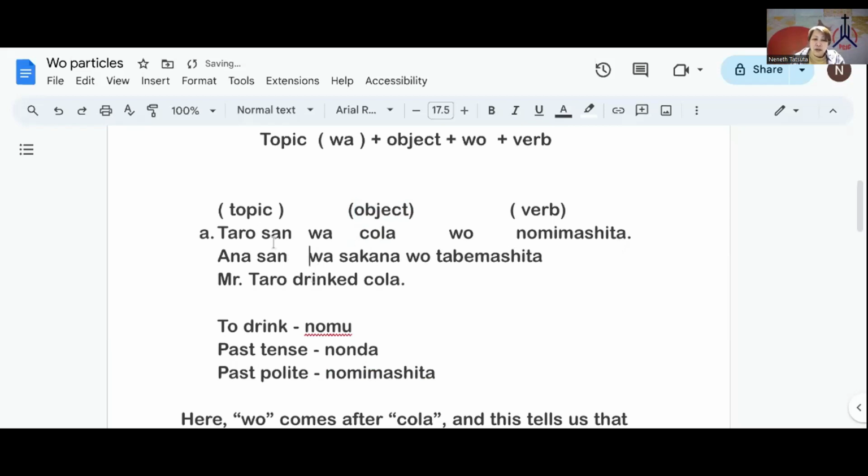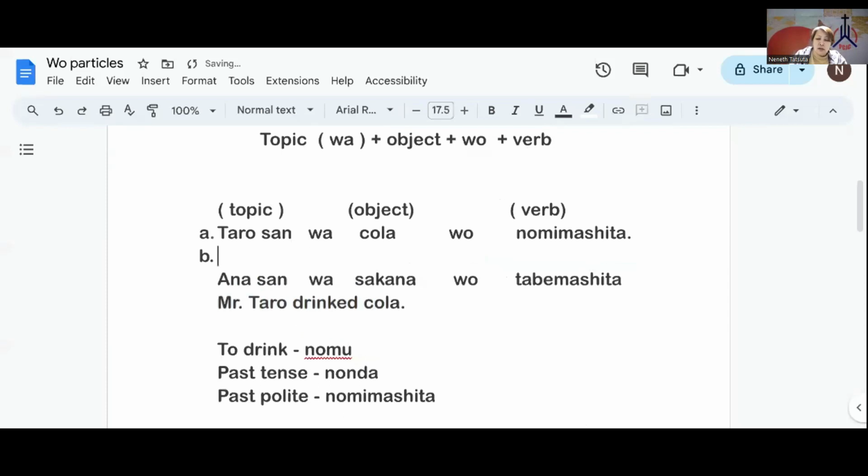Ana-san is your topic. You have your particle wa, distinguishing Ana-san as your subject. Your object is sakana, followed by your object marker wo, and then your verb tabemashita. So here, Ana-san wa sakana wo tabemashita. Miss Anna ate fish.